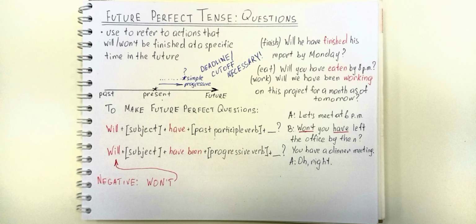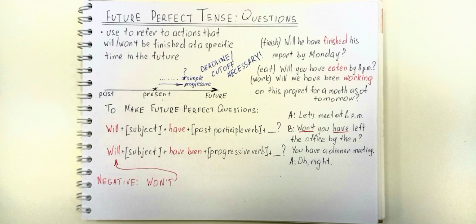To give a visual representation, if we are talking in our conversation in the present, here, now, there is some point in the future, like tomorrow or 8 p.m. or Monday, for example. So by this point in time, some action will or will not be finished.